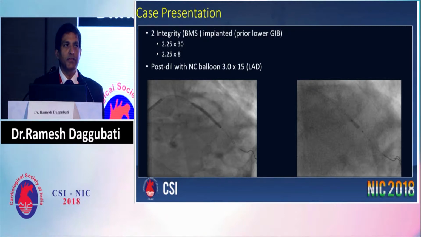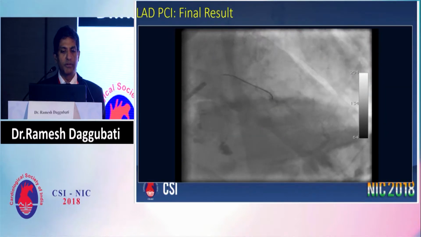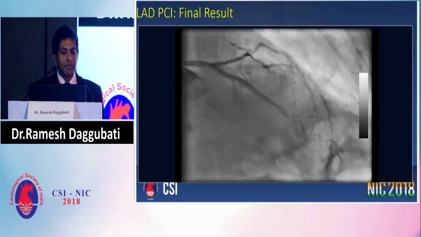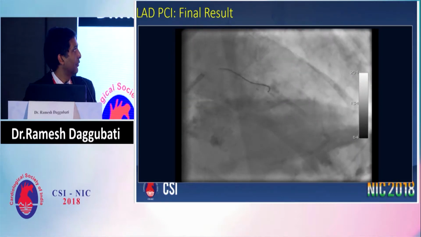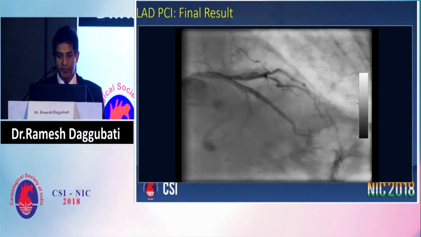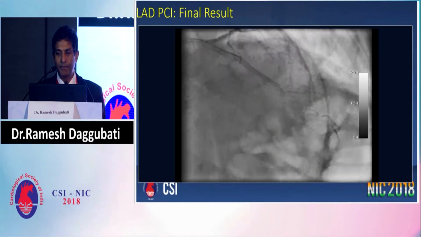And as he is 90 years old, if he comes back with restenosis, then you obviously can do the DES in the future. And post-dilated with the non-compliant balloon, 3.0 by 15 millimeters, in the proximal, sorry, proximal LAD. So the LAD PCI looks okay. We didn't recanalize the CTO of the LAD.